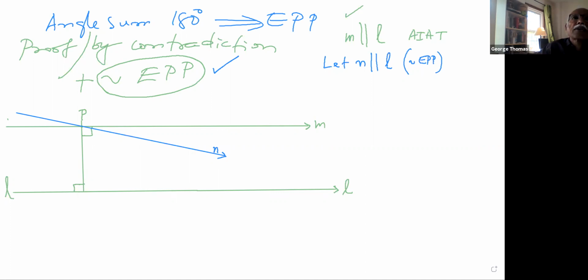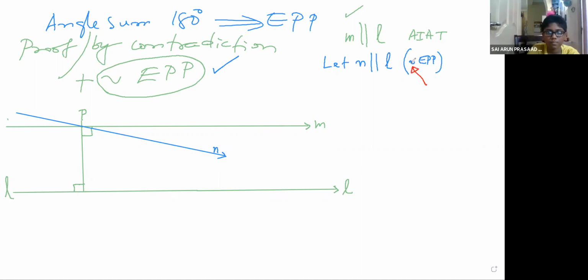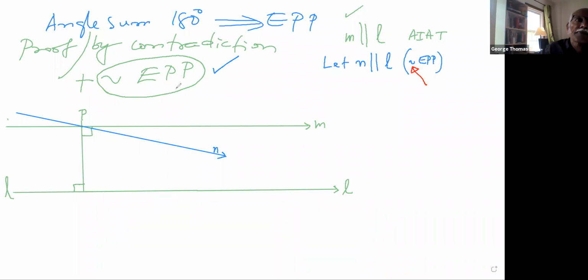That's why I wrote this. If we are assuming not EPP, then there is one more parallel to L, at least one more.